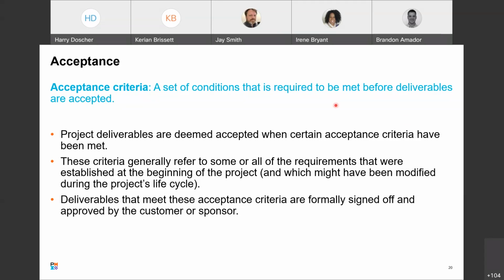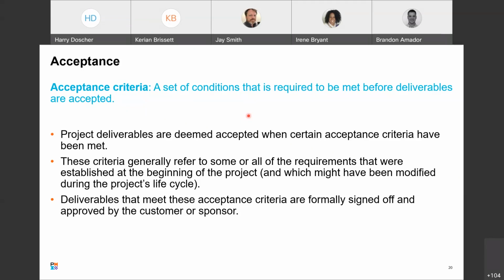Thank you. Okay. So project deliverables are deemed accepted when certain acceptance criteria have been met. And the acceptance criteria, as I started out before, in Agile instances are determined by the product owner for user stories, by the product manager for features, and by higher authorities for any of the epics or anything higher than that.